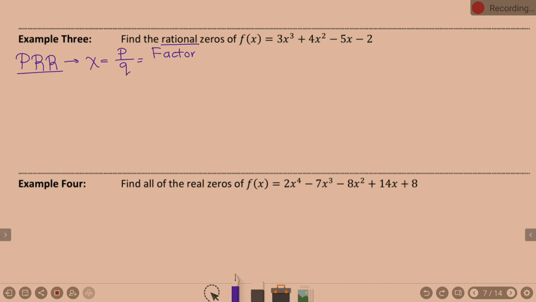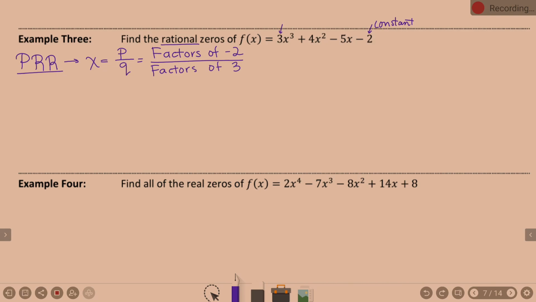Factors of the constant. So factors of -2. Q on bottom represents factors of what? The lead coefficient, which is 3.